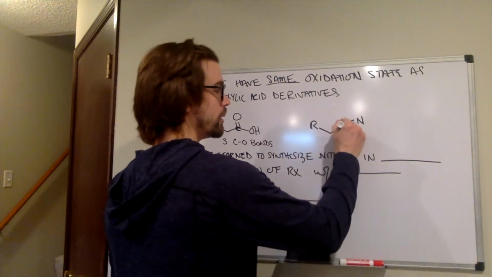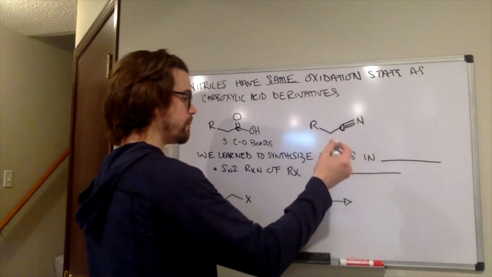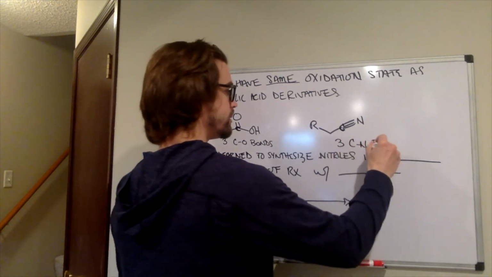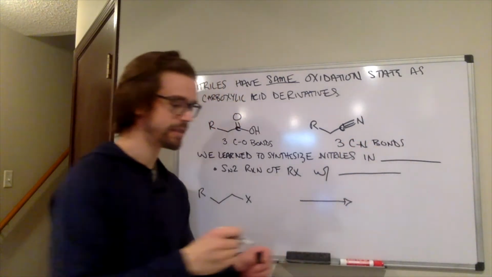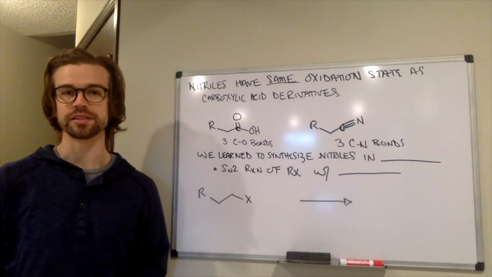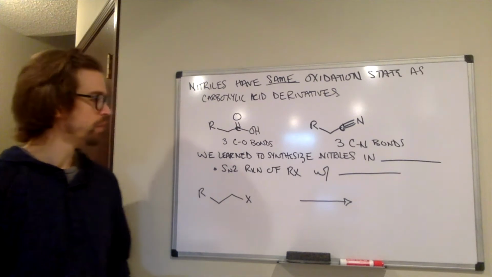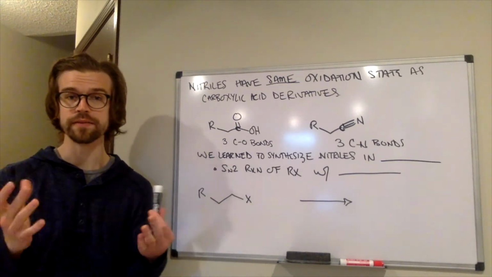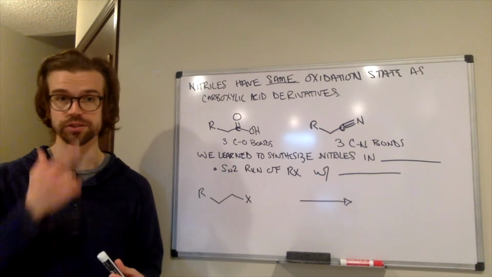Same thing with this carbon here. It has 3 CN bonds. So that makes it the same oxidation state. And things that have the same oxidation state have similar reactivity trends. So that's kind of why they fit together with these carboxylic acid derivatives.